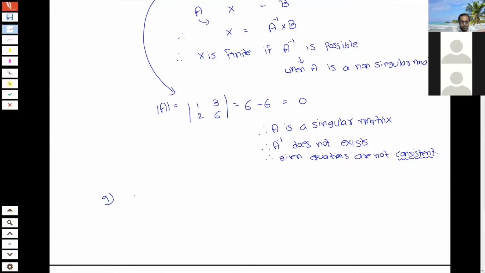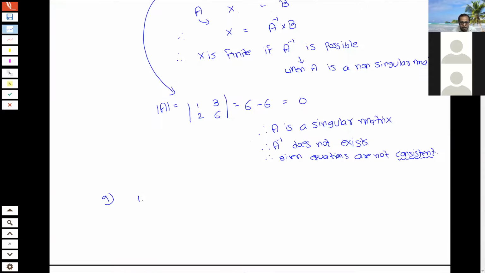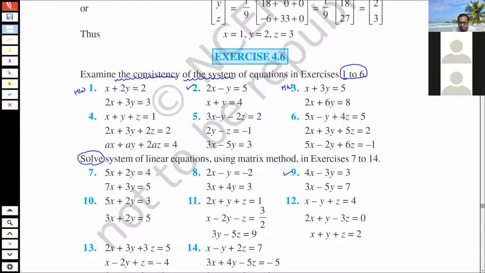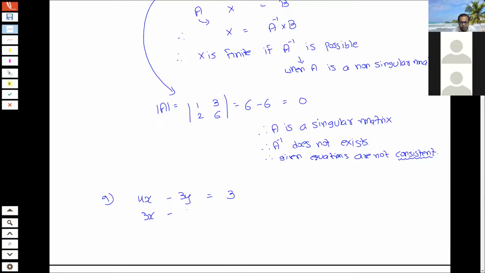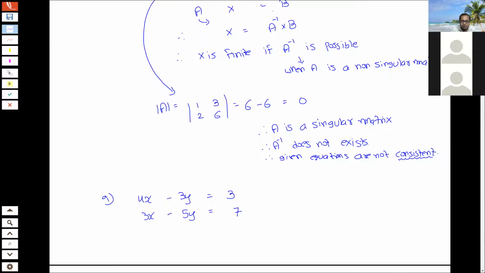So question number 9: 4x minus 3y is 3, and 3x minus 5y is 7. I have two equations like this. So now I will try to solve.